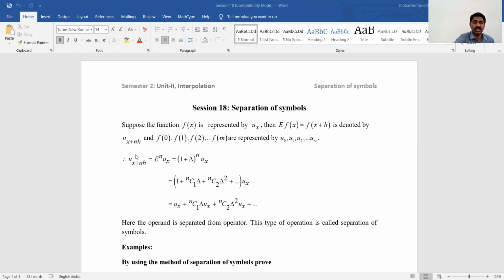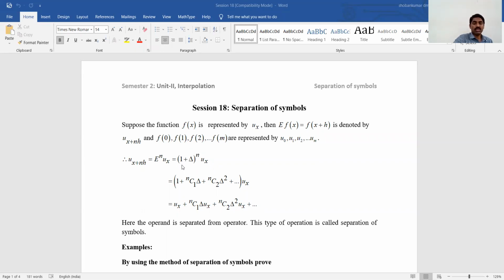It can be denoted in the form of the shifting operator. It should be written in this form, E raised to n ux. We know the relation between E and delta: E is equal to 1 plus delta, so it is (1 plus delta) to the power n ux.